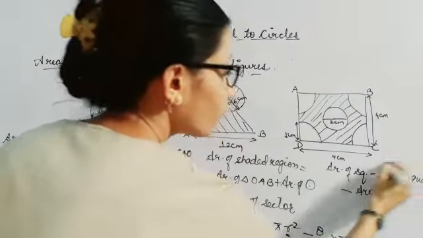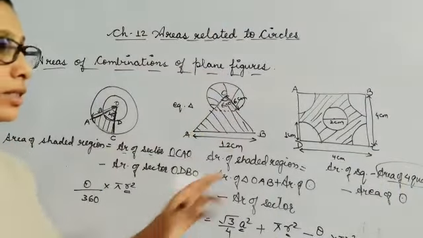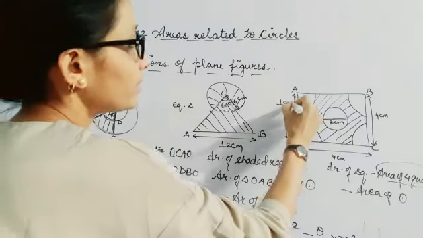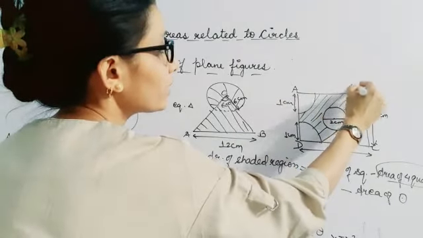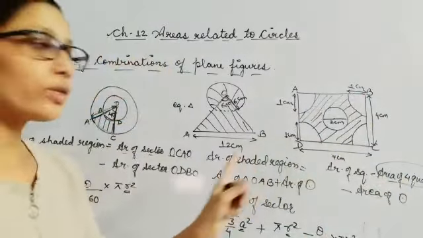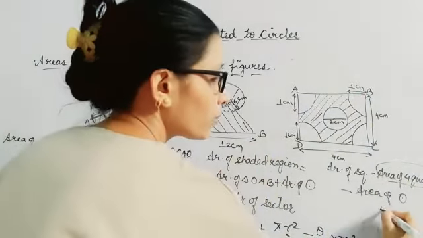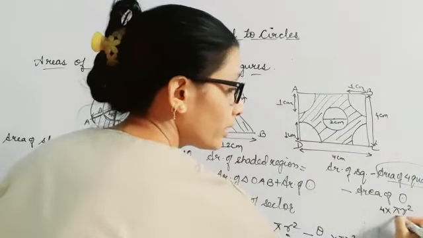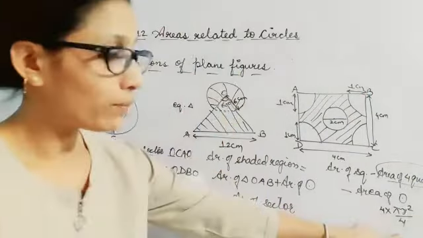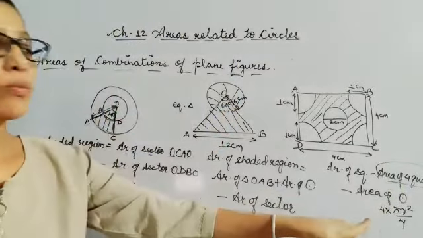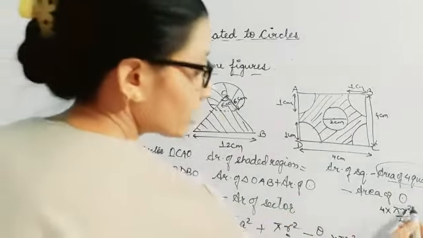Now area of 4 quadrants means here, since all of these are of the same radii, we can consider them as one circle. Either you can write this formula as 4 into pi r square by 4, since when I am finding out the area of a quadrant, it will be pi r square by 4. 4 and 4 will get cancelled, so it will form a circle only.